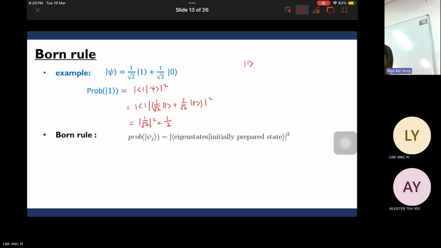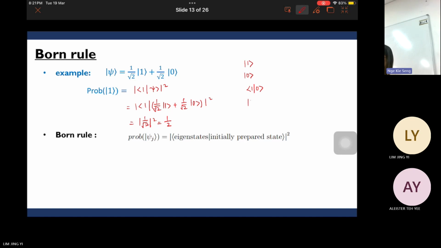So for example, this is the state, and if you want to determine the inner product of these two states, first of all you take the bra of the first state, and you take the ket of the other state. So this is an inner product.